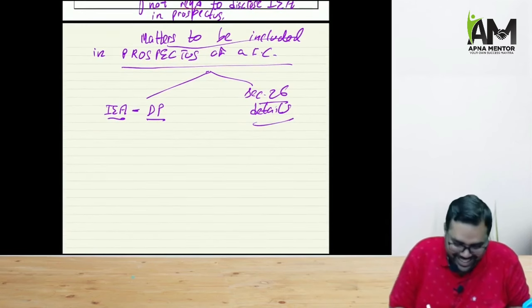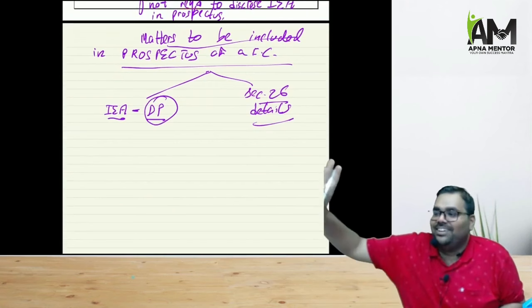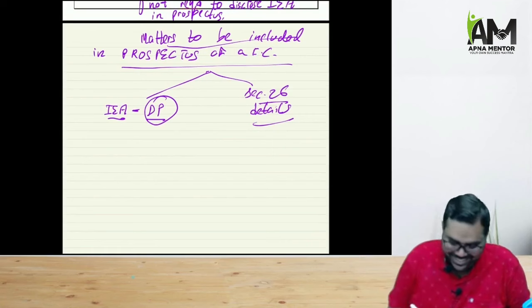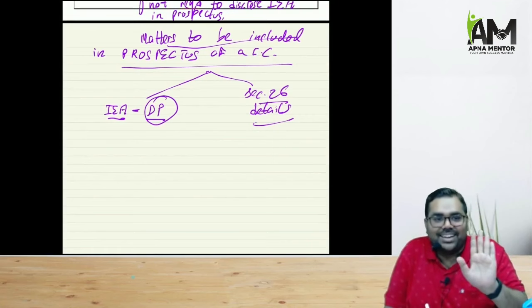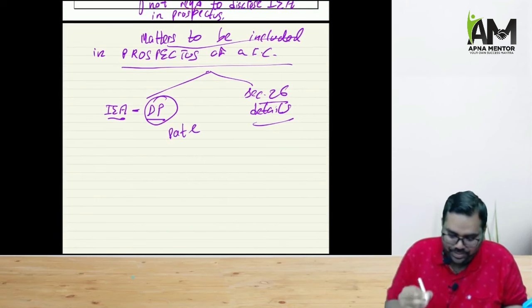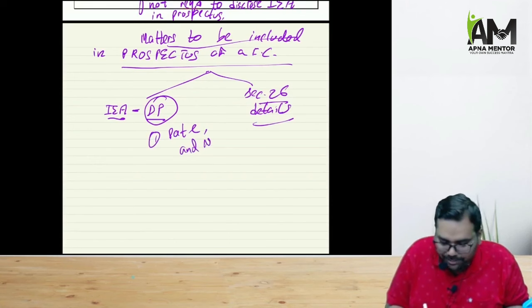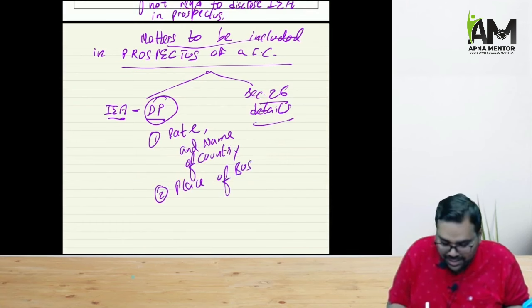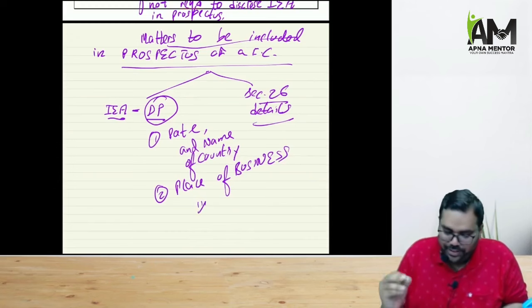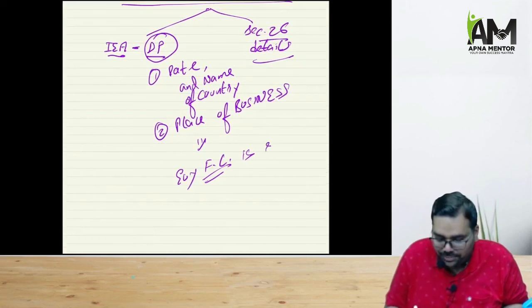Now, who wants DP? Who wants Deepika Padukone? Everyone, old or new. DP everyone wants, right? So this disclosure of DP, that is date and name of country and place of business, every foreign company is required to give.